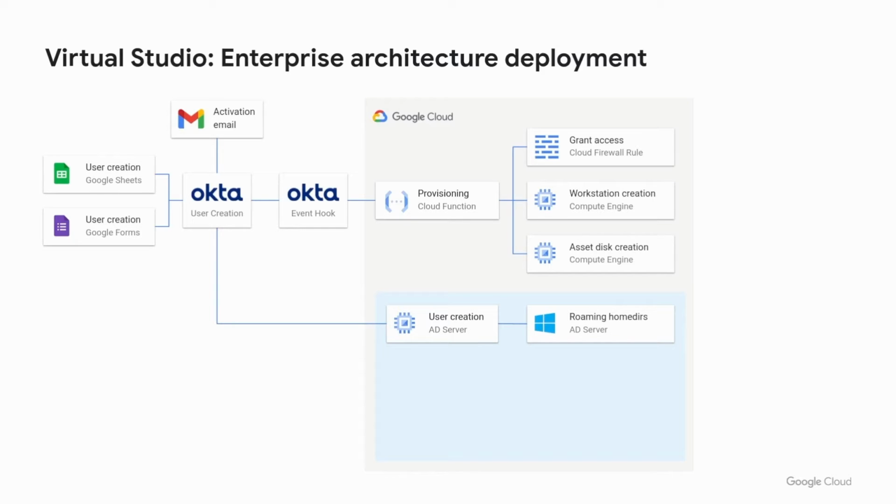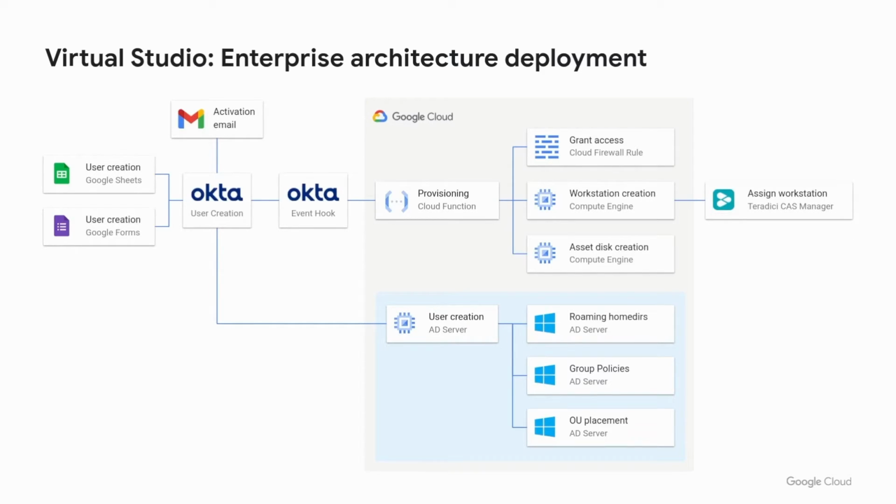But you could work around this with some sort of IAP tunneling or another type of port forwarding method. And then some other standard Active Directory tasks like placing users and resources in particular organization units and establishing group policies. And then finally, once the workstation is created and all the other tasks are complete, the user is assigned access to the workstation via the TeraDici CAS Manager API.